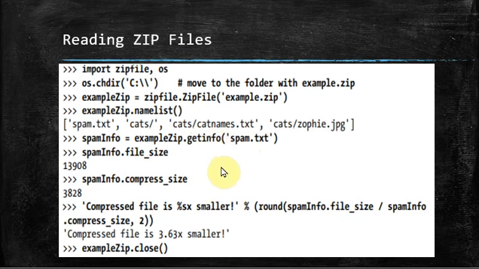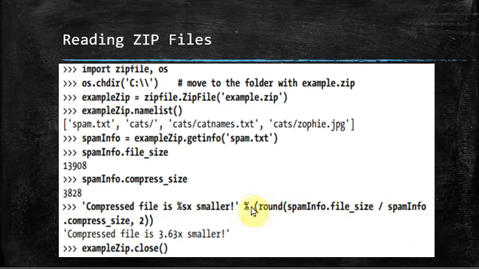So the command over here calculates how efficiently example.zip is compressed by dividing the original file size by the compressed file size, and prints this information using string formatting with %s.